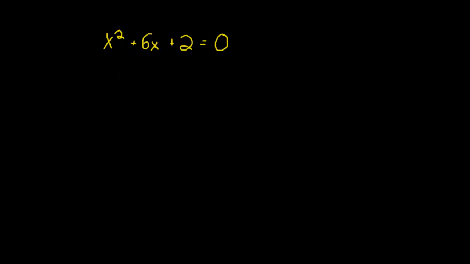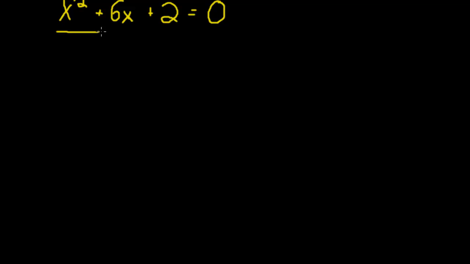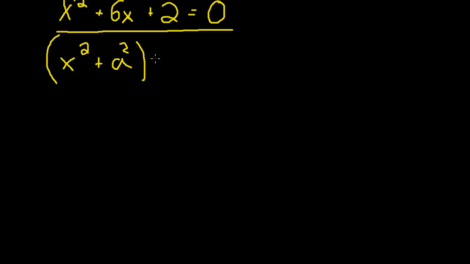Okay, so what we have to do is change this equation into this formula. We want to change it into that. The equation for that is basically x squared plus 2ax plus a squared.